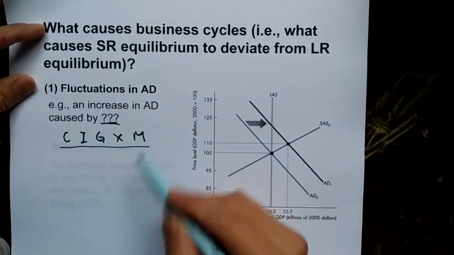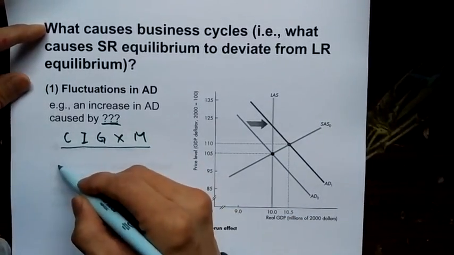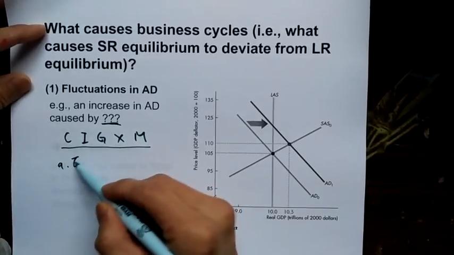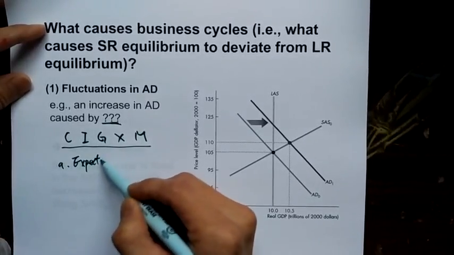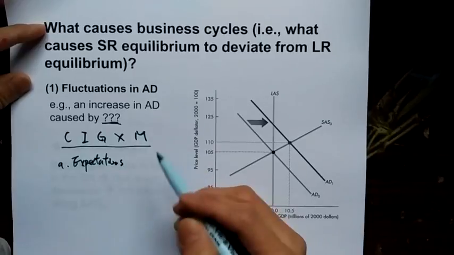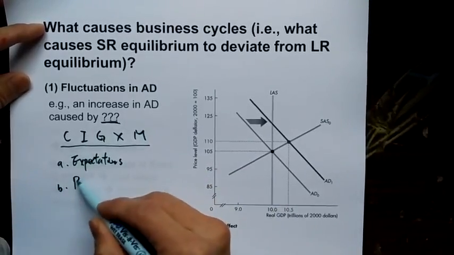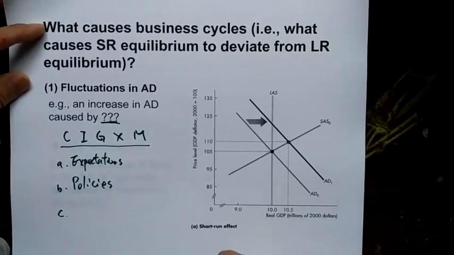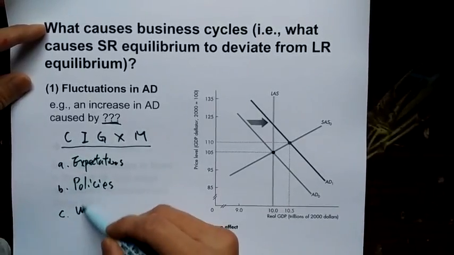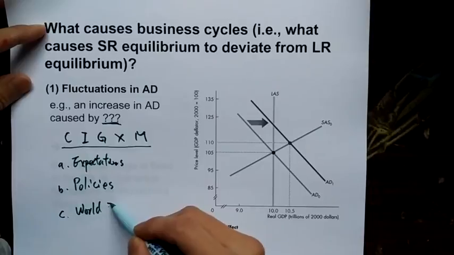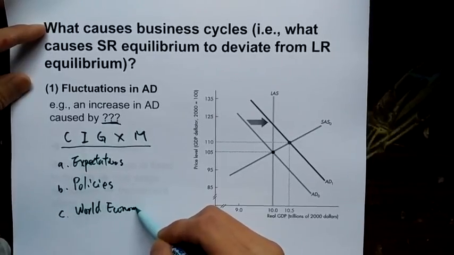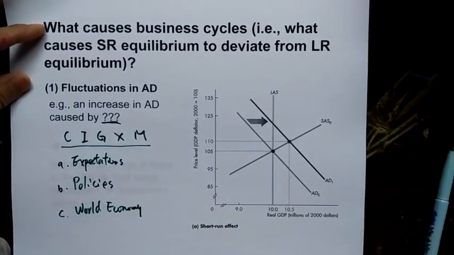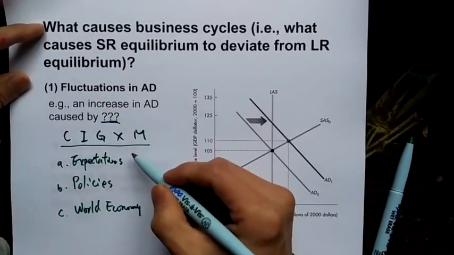So what changes the aggregate expenditure? Remember, expectation, policies, and world economy. Remember these? Expectations.